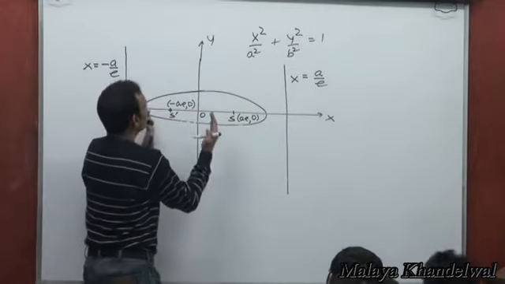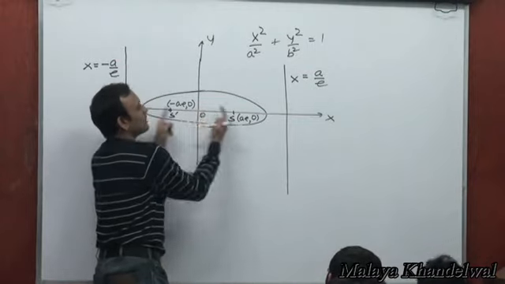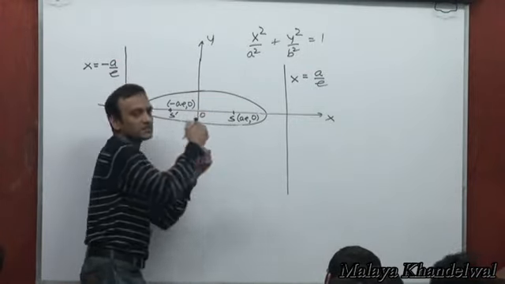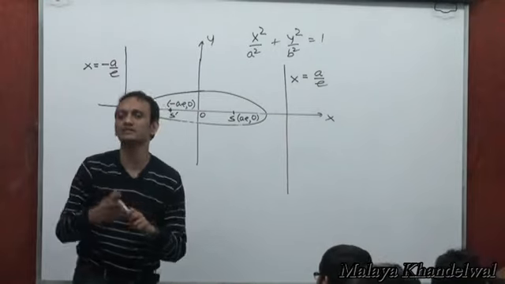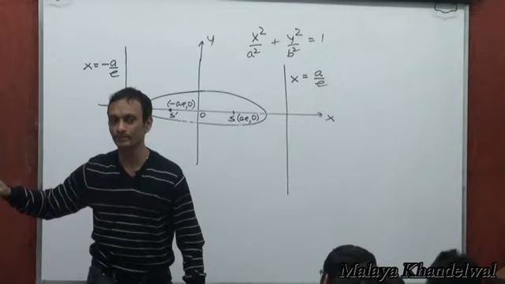So, in general, these are the two directrices. These are the two foci. We have a semi-major axis, a semi-minor axis, related by b squared equal to a squared into 1 minus e squared.